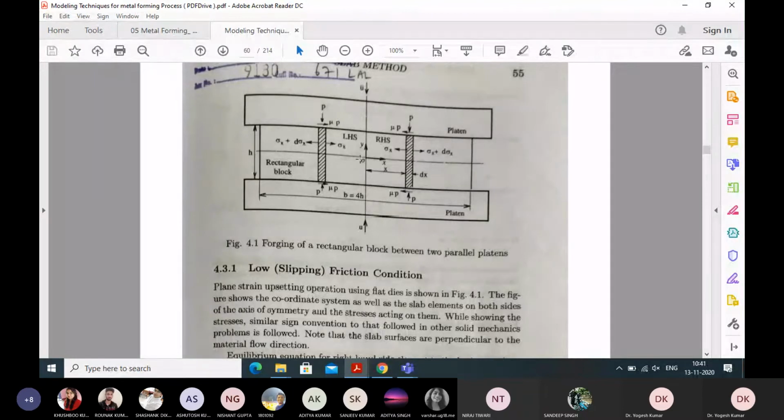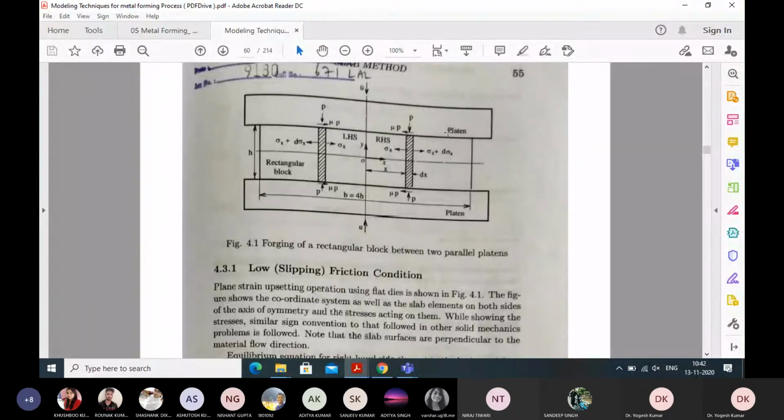If we try to see the behavior of stresses from the center line, since it is a symmetrical component, it will be the same on either the left hand side or right hand side of this center line. Since this work billet is axisymmetric, the stresses on the right hand side as well as the left hand side will have similar behavior.